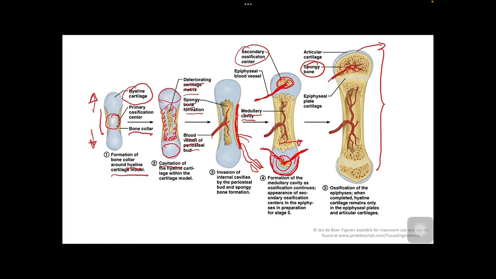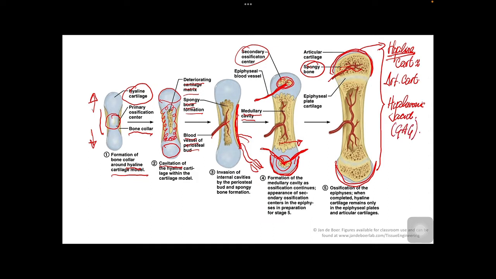The hyaline cartilage, which is another word for articular cartilage, is going to be covering only the ends of bones, the distal and the proximal ends, right? The reason we call it hyaline cartilage is because it has a very high presence of hyaluronic acid, and hyaluronic acid is one type of glycosaminoglycan, or GAG.